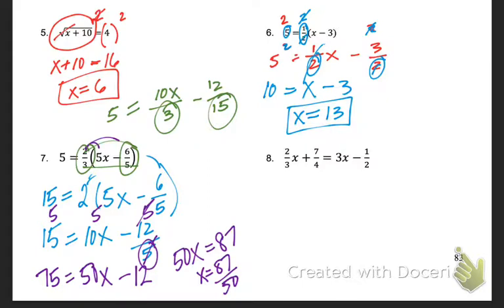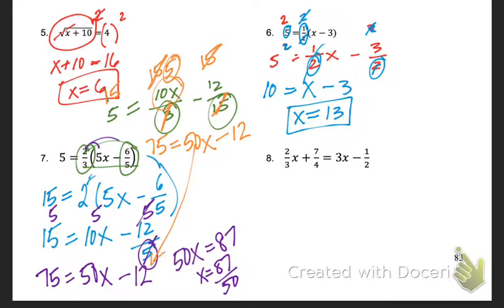The least common denominator between those is 15. So I multiply 15, 15, 15. This way might have actually been shorter. And 15 times 5 we already said was 75. 15 and the 3 reduced to be 5. 5 times 10x, 50x. 15's cancel, minus 12. Then you get right back to where you started. 87 over 50.